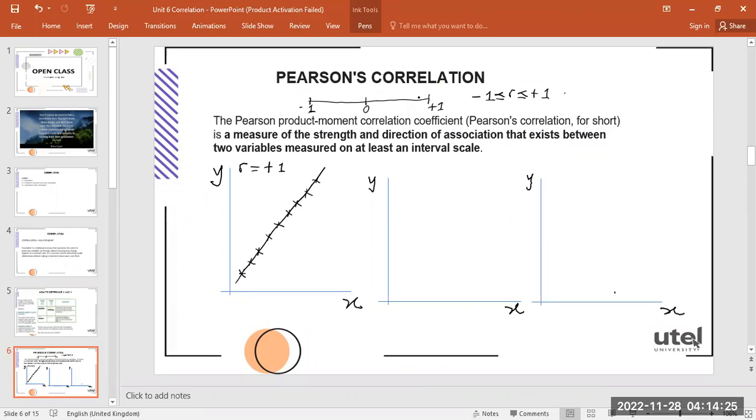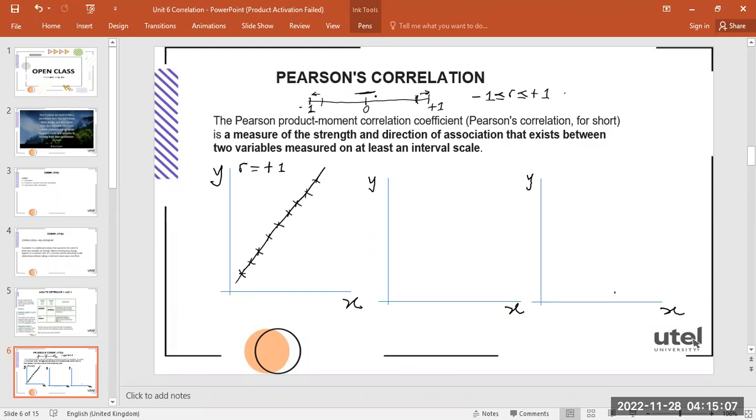If your value of R is very close to 1, then we say that the two variables are strongly positively linearly correlated. If the value of R is much closer to -1, we say there's a strong negative linear correlation. And of course, if the value of R is 0 or close to 0, we say that the two variables are not linearly correlated. In other words, there's no relationship existing between the dependent and the independent variables.